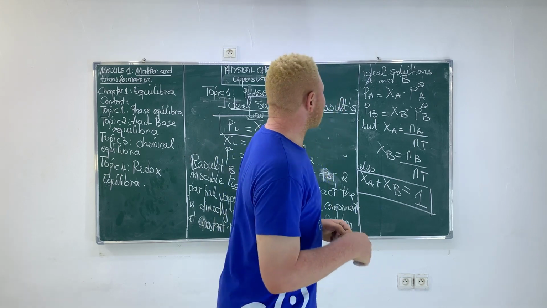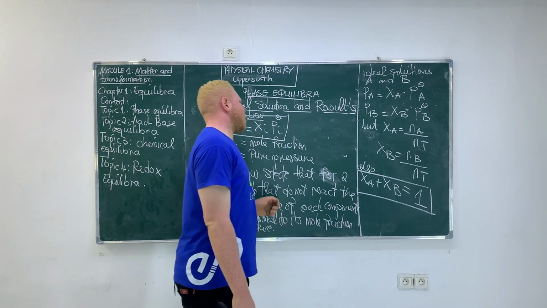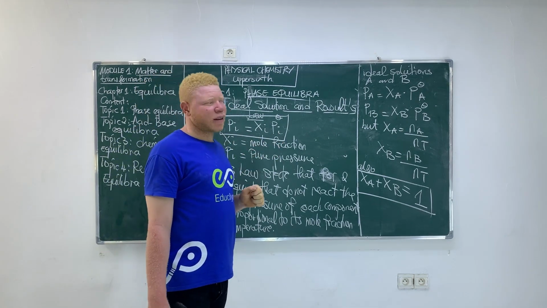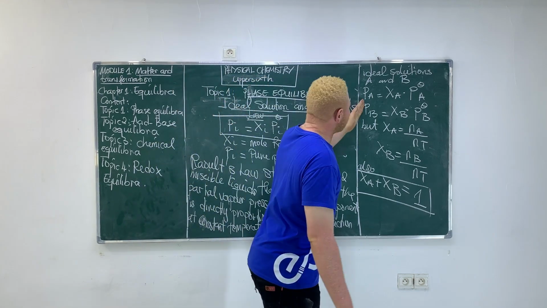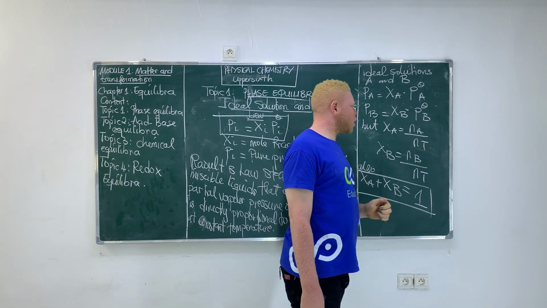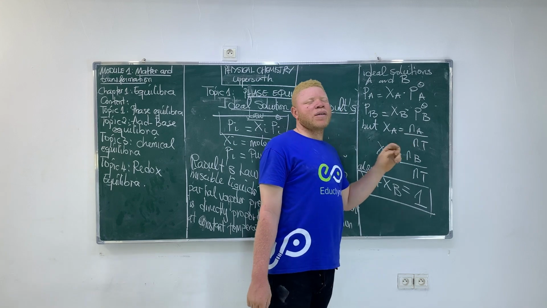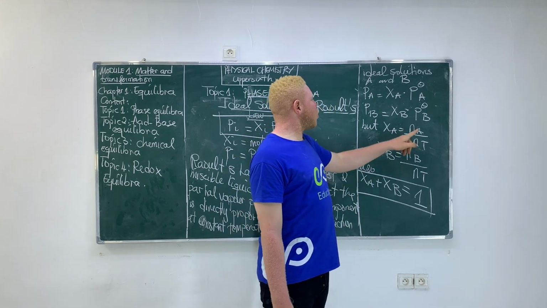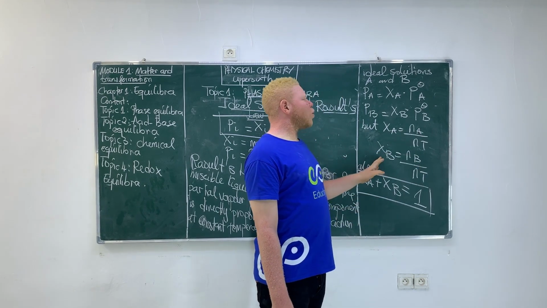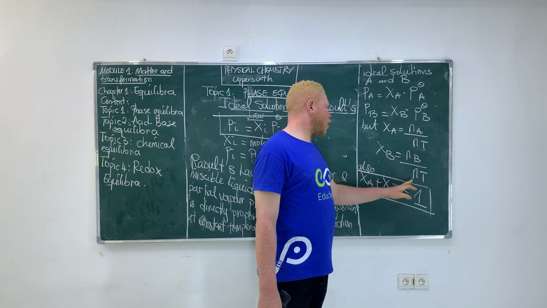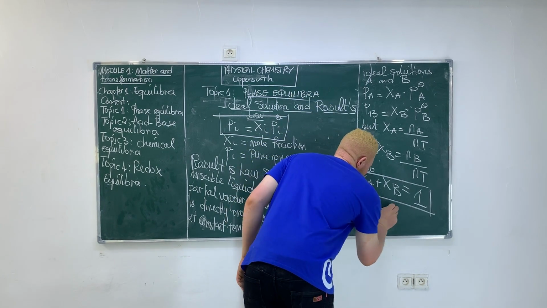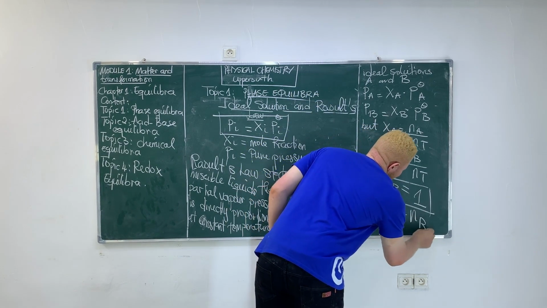So we have the general mathematical expression: Pi equals Xi times Pi naught. In this case, PA is equal to XA times P naught of A, and PB equals XB times P naught of B. But XA is nA over n total, that means the number of moles of A divided by the total number of moles. So XB is the number of moles of B divided by the total number of moles. But let's not forget that n total equals nA plus nB.